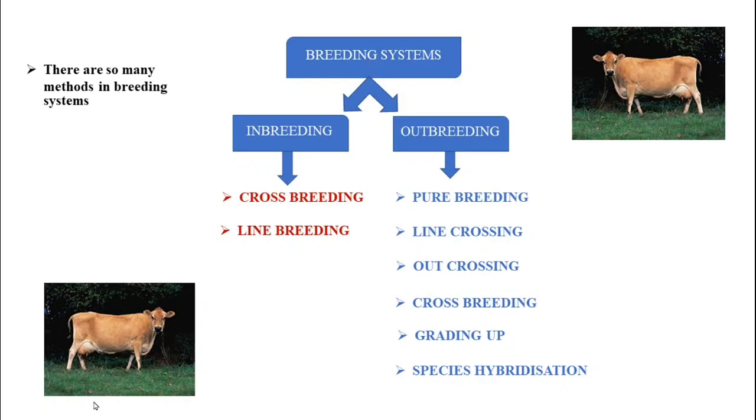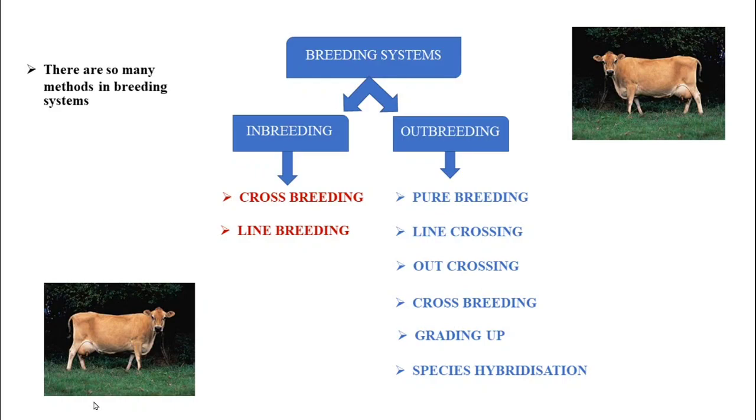Let us see the breeding processes. Breeding systems can be classified into 2 types. The first one is called inbreeding. The second one is called outbreeding. Inbreeding is again divided into close breeding and line breeding. And there are almost 6 types of outbreeding process.